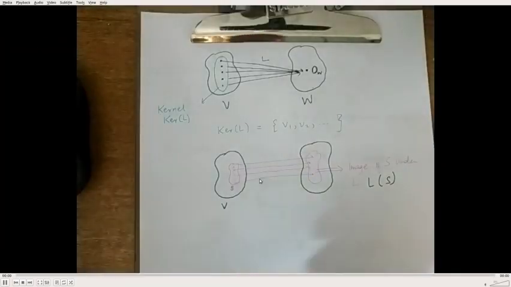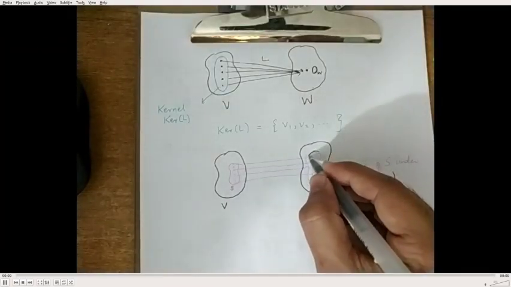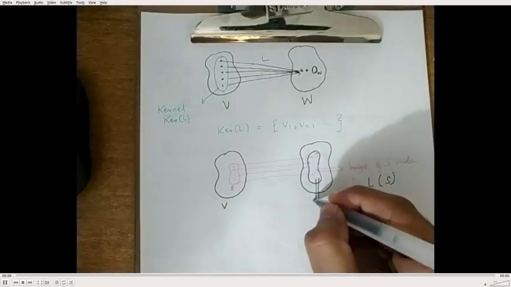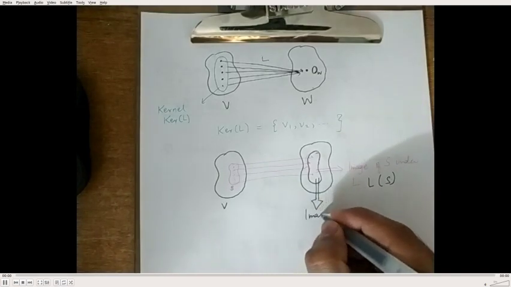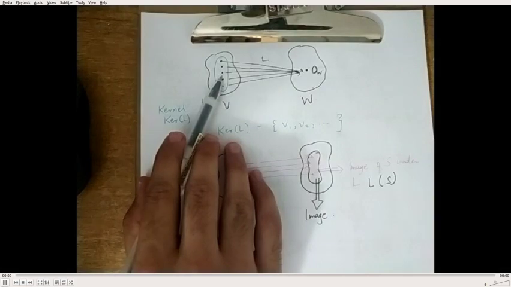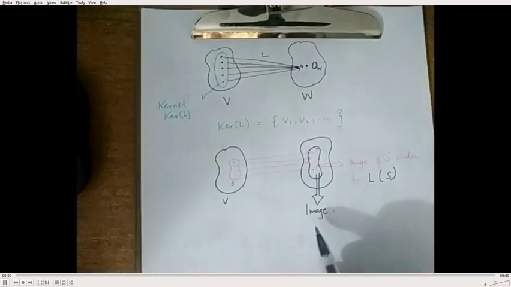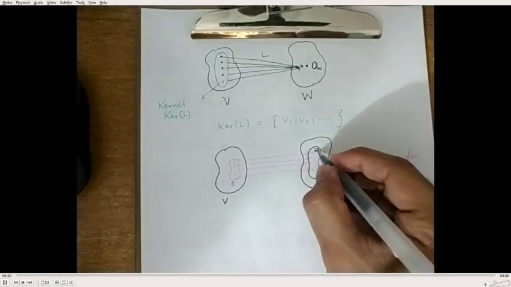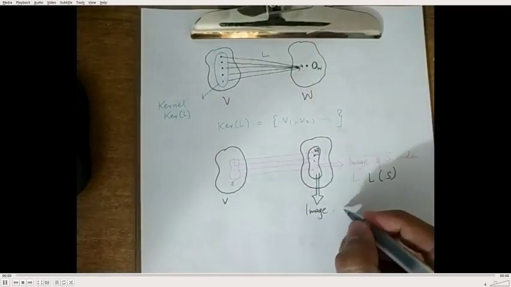So this space is called the image. Notice that kernel contained vectors from my original space. In image, we are interested in not these vectors, but these vectors, W1, W2, all of these images.